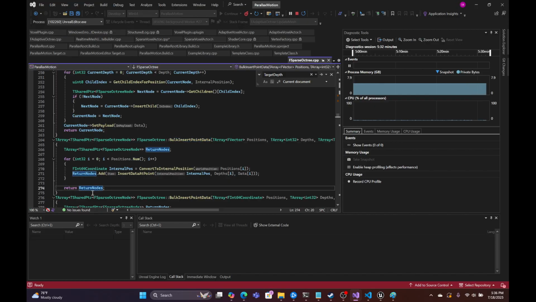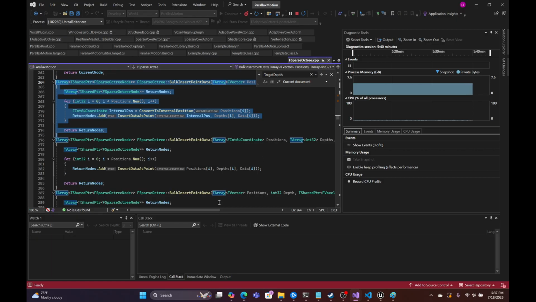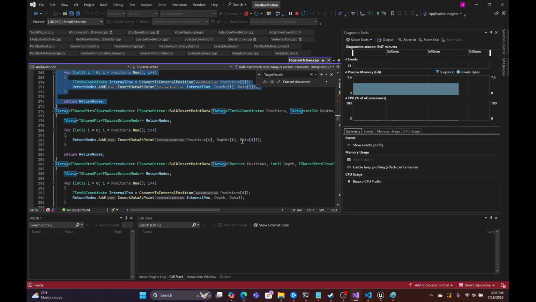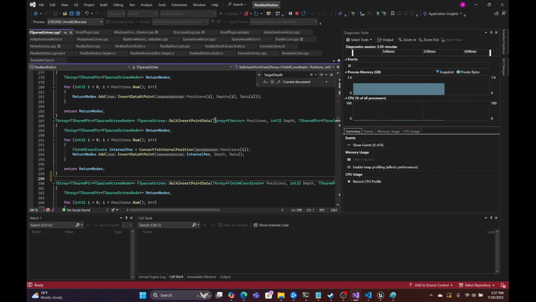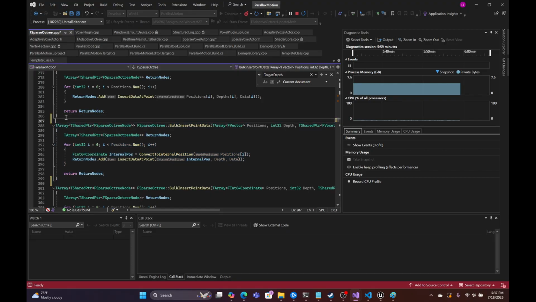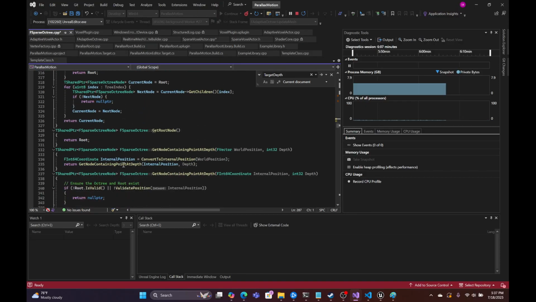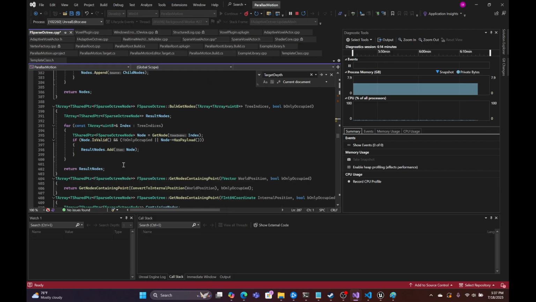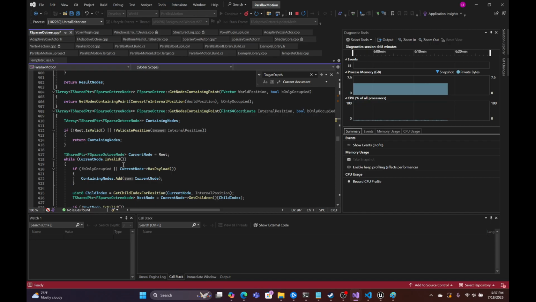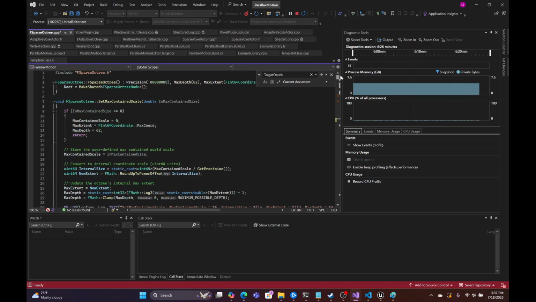So you can use this to basically fill point data.